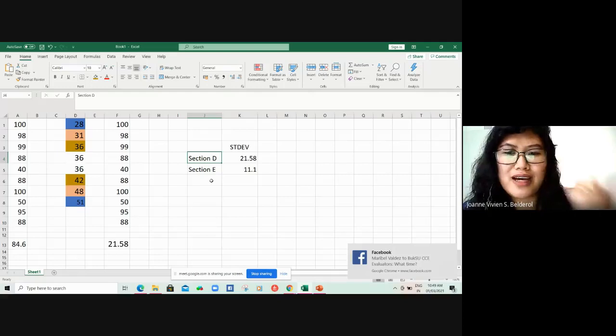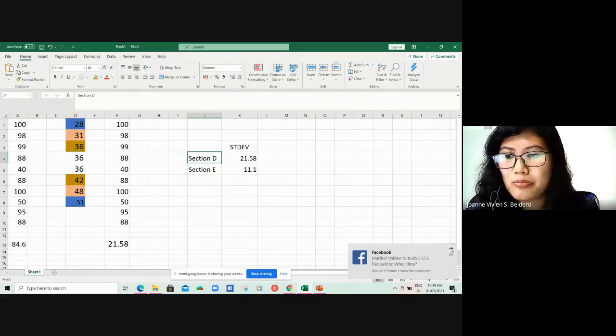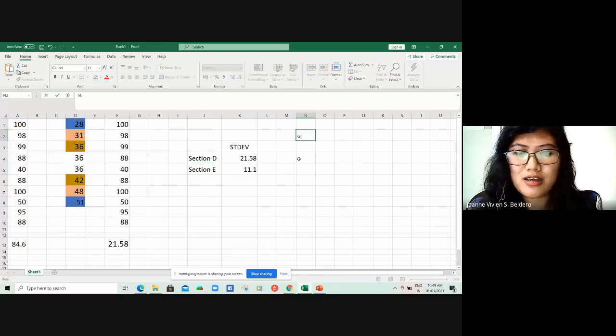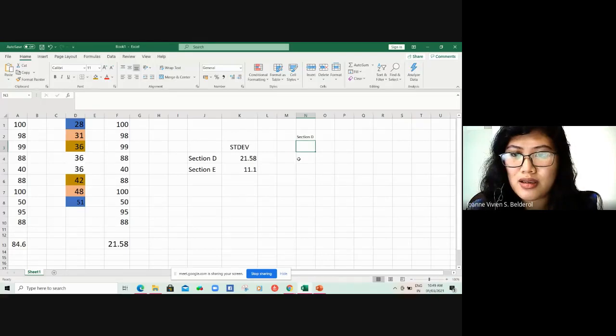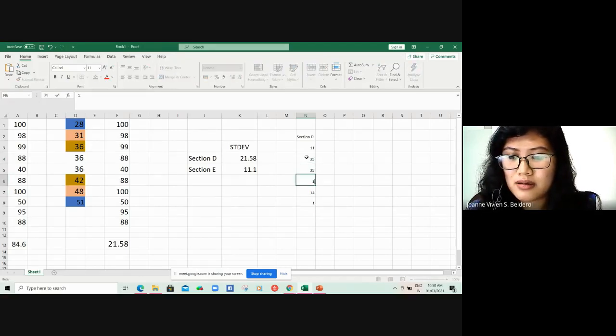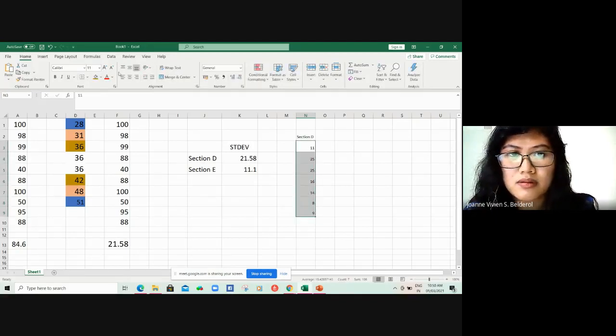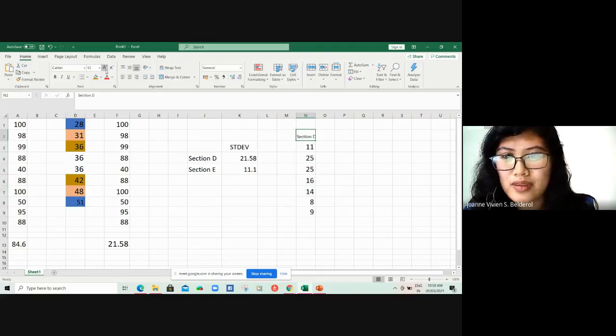What is the relevance if we compute the standard deviation? So section D, let's say these are the scores. Example only.